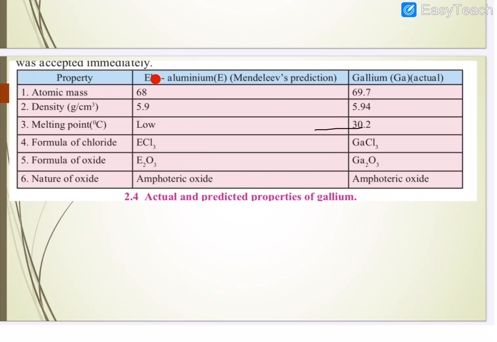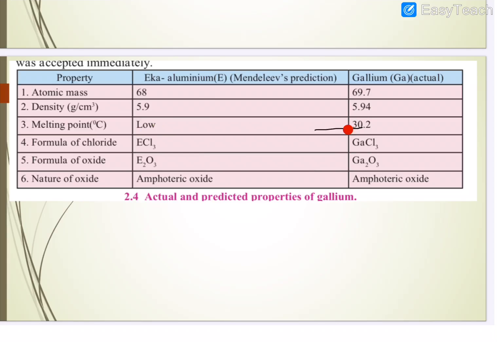He predicted that the atomic mass of gallium will be 68. You can see that it is almost similar; it is 69.7. He also predicted the density as 5.9, and you can see the actual density of gallium differs only by 0.04.